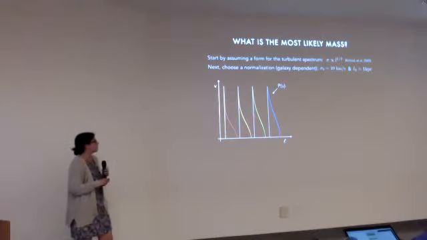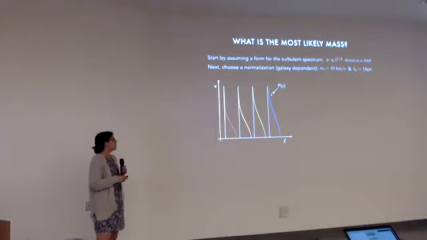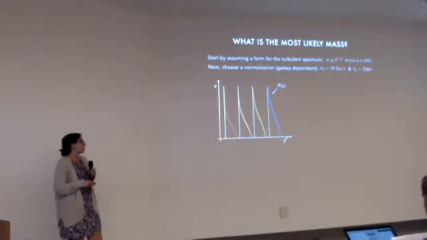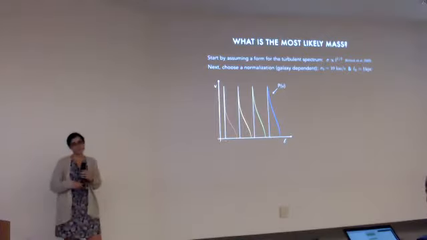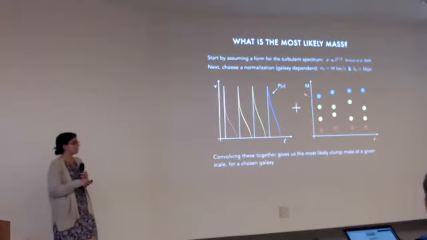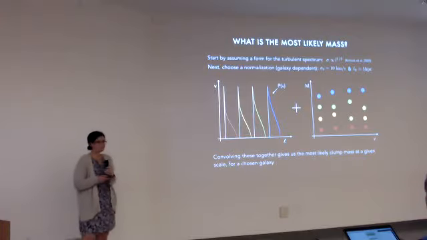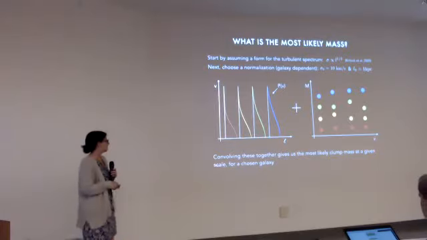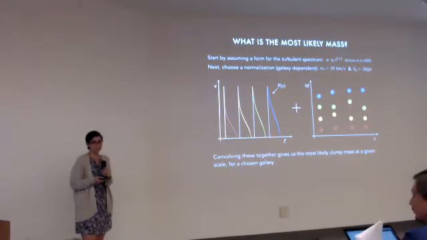Once you have the spectrum, you can assume the probability distribution is Gaussian, and you can get the probability of any one velocity at any of your length scales. Then what you can do is, you have a discrete set of masses at each velocity, and you can convolve those two together. And when you convolve those together, you get the most likely clump mass at a given scale for a chosen galaxy.